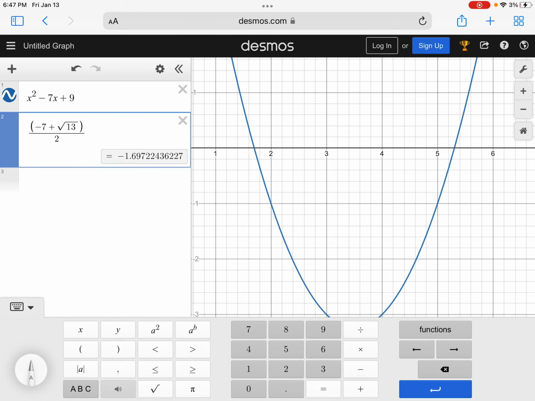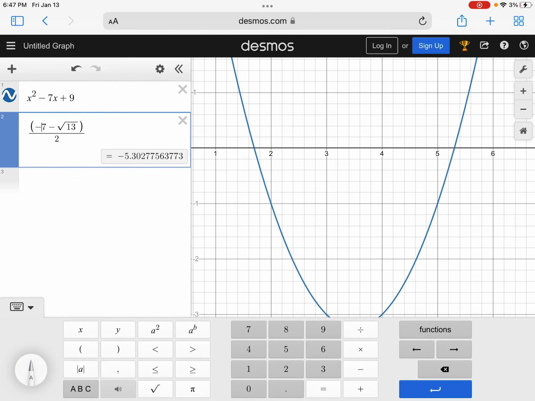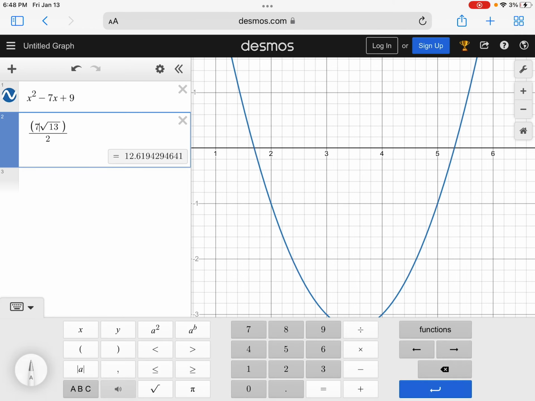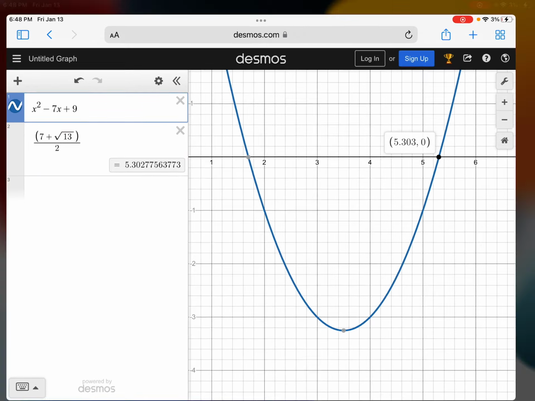And if we were to change this plus now to a minus, then we get negative 5.3, which is that guy. Or positive 5.3. Oh, hang on. Sorry, I wrote wrong. Okay, so we got a positive 1.69 there. And if we change this sign, we get a positive 5.3.